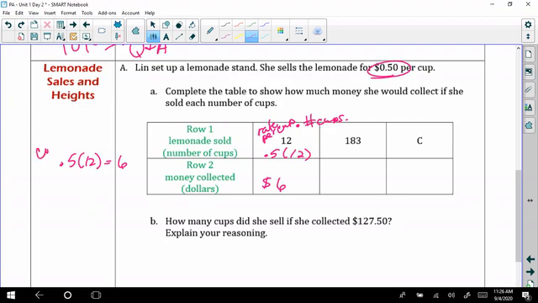So cost per cup times number of cups equals total collected, total dollars collected. And then I want you to apply that information to B on your own, please.